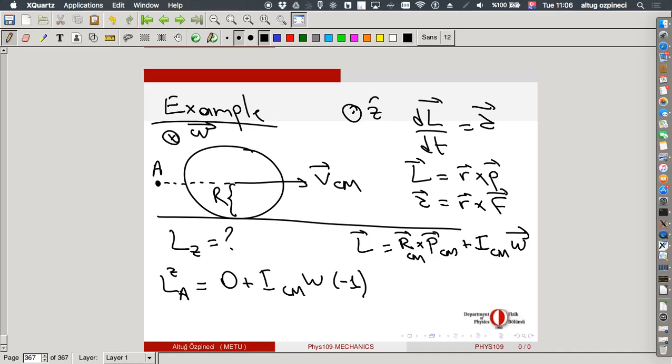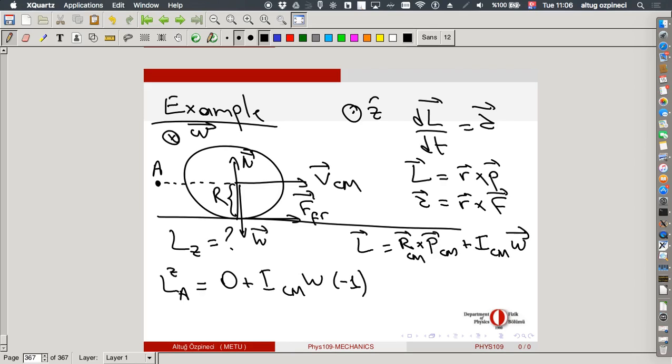Is there an external torque acting on my system? So what are the forces acting on my system? There is a normal force, there is the weight, and there is also the friction, let's say in this direction.